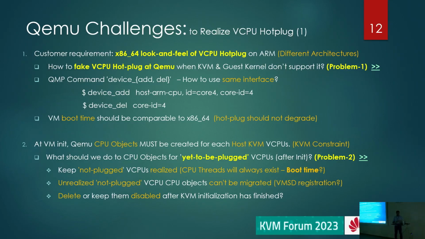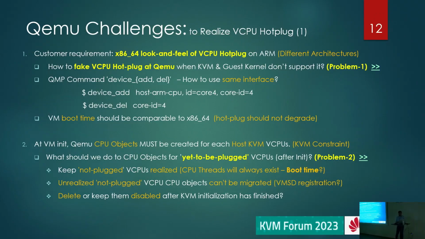For example, GIC has its own CPU interface state. It gets attached to an older CPU object, but that gets deleted as part of the unplug action at the QEMU level. So we have to do some tweak to reattach them as part of the QEMU changes. That is what we are doing.